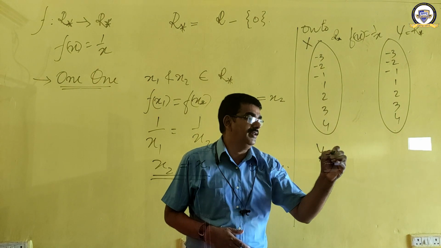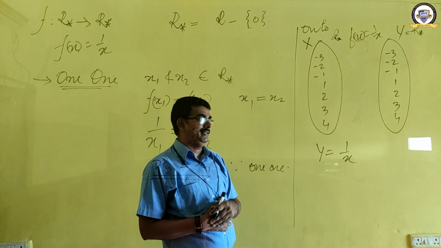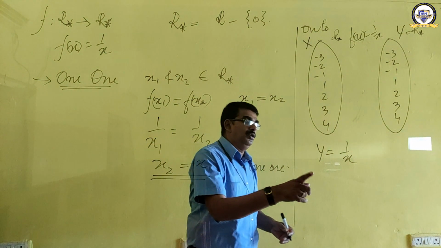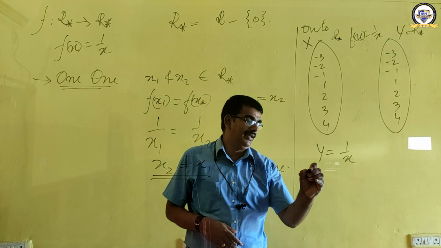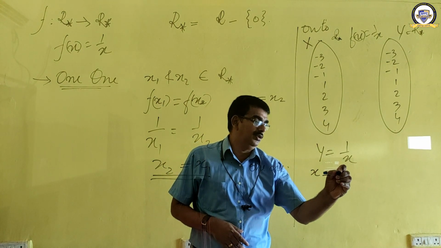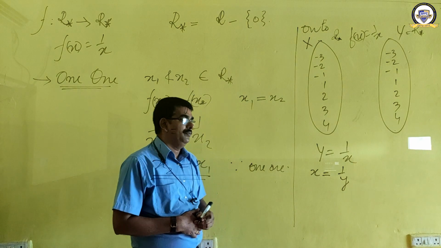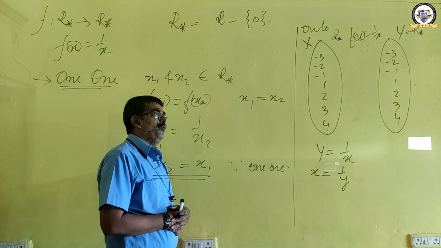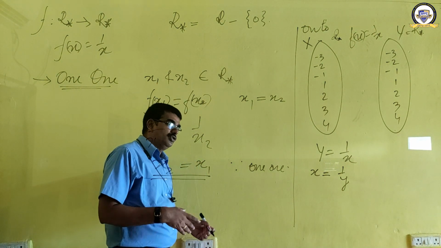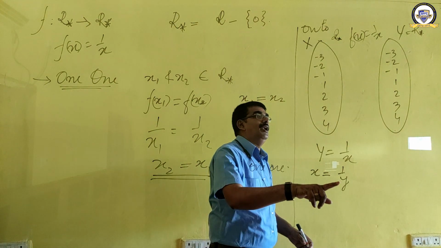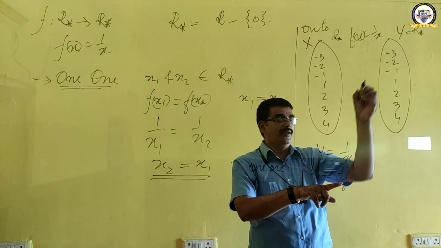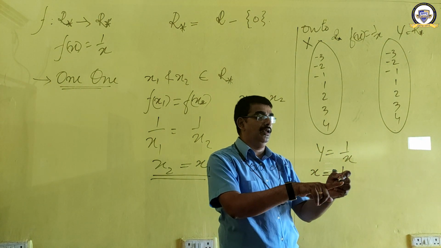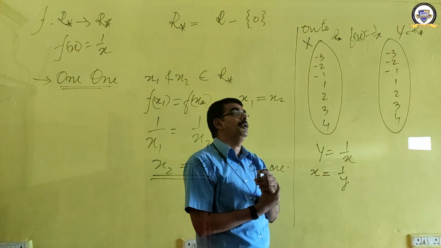That means y is equal to 1 by x. That is why we can say x is equal to 1 by y. So if I take the value of y as negative 3, x is equal to 1 by negative 3.